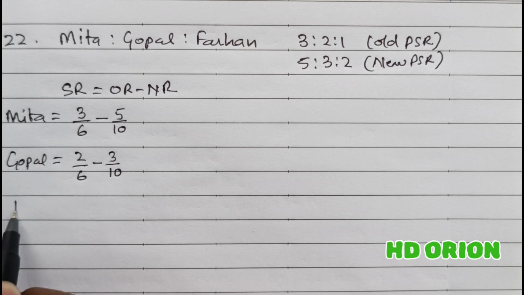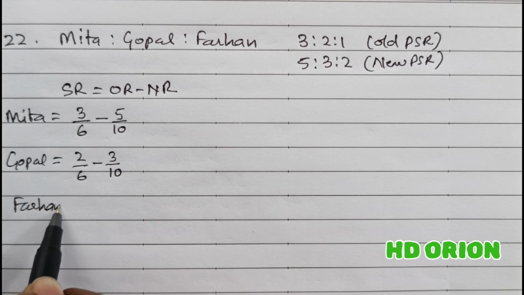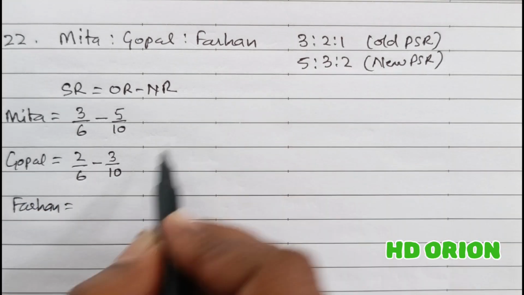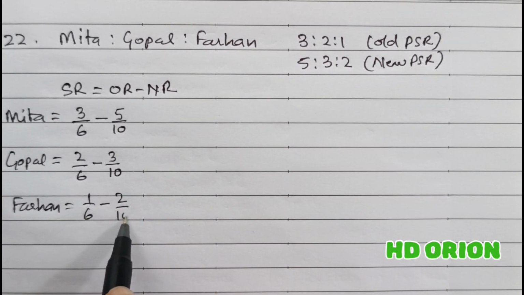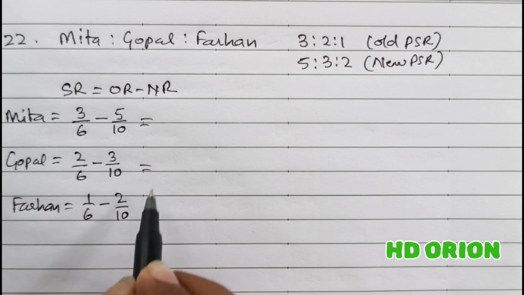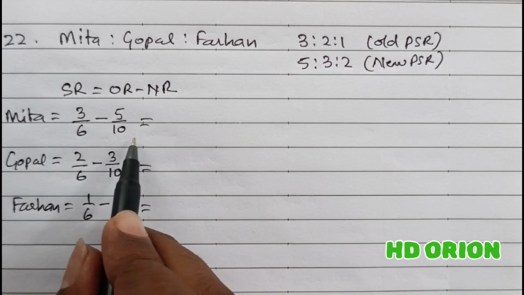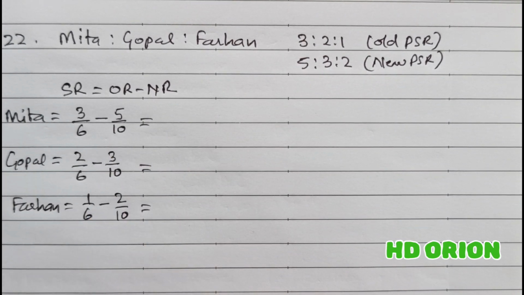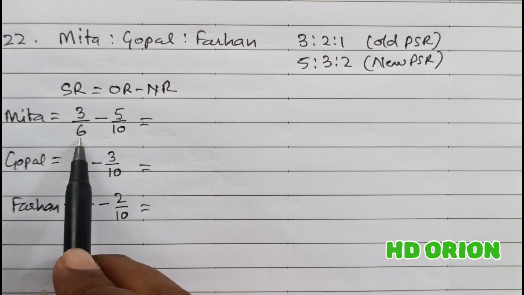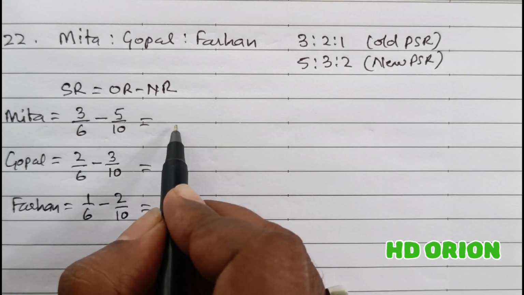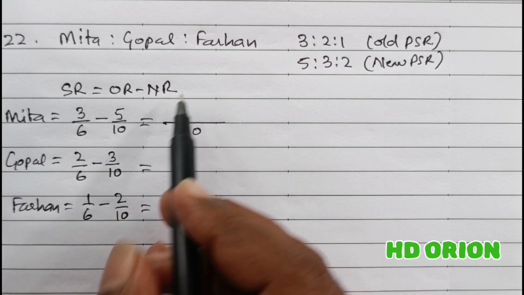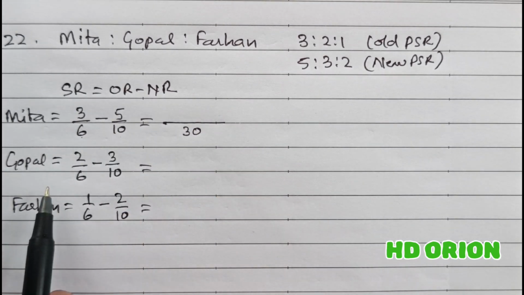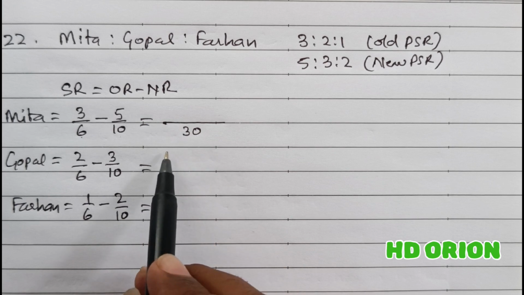And for partner Farhan, old ratio is 1/6 and new ratio is 2/10. When you solve this, what do you get? In the denominator, LCM has to be taken, and the LCM of 6 and 10 is 30. For Meeta, it is also half and it is also half, so 0 is the answer.